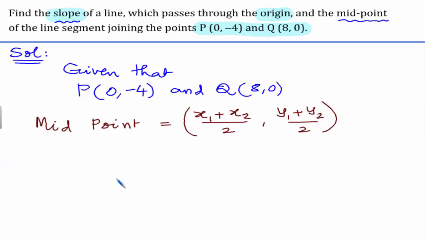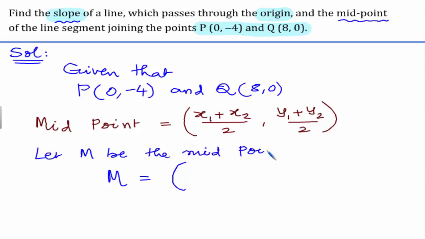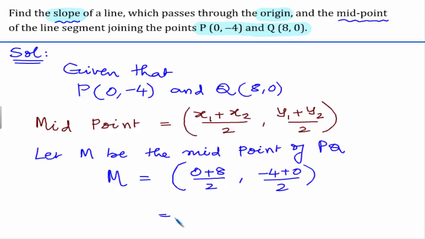Now let us name this midpoint as M. Let M be the midpoint of PQ. So the M will be 0 plus 8 by 2 and minus 4 plus 0 by 2. Here 8 by 2 will be 4 and minus 4 by 2 will be minus 2.